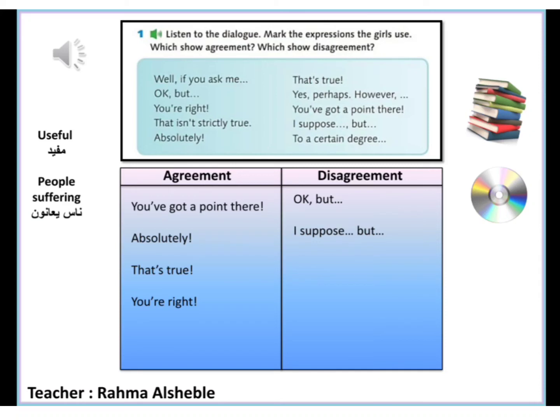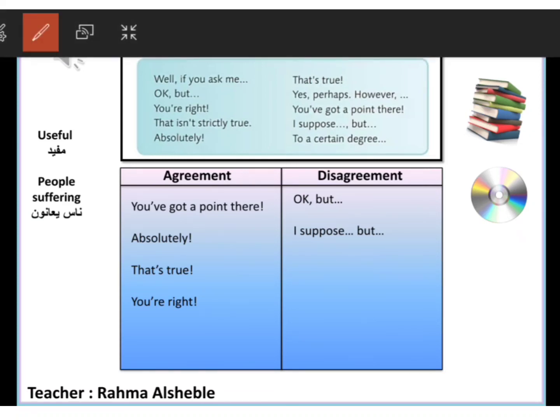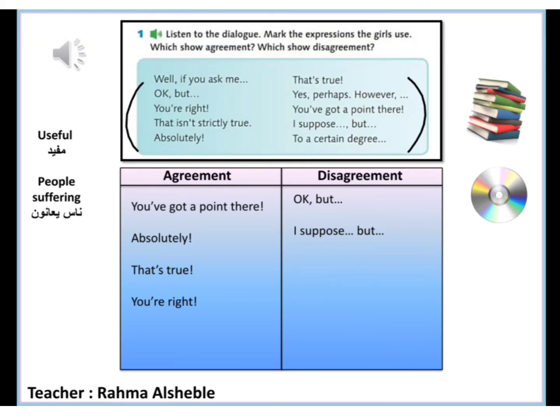Now these two expressions, the girls used them. Here in this box there are other expressions that the girls didn't mention, but they also show disagreement. Okay, let's continue answering the question.